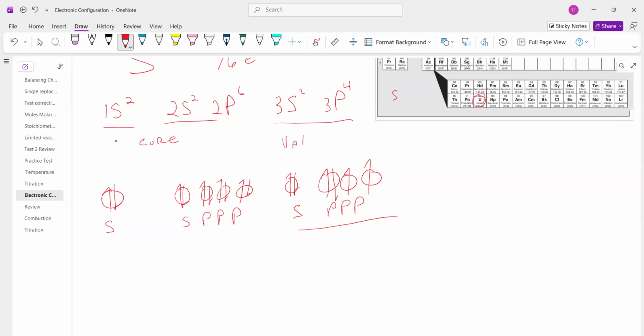Now, tomorrow we're going to do a lot of examples of that. I'm just saying that we have an opportunity with sulfur. So this is the neutral, not the ionic one.